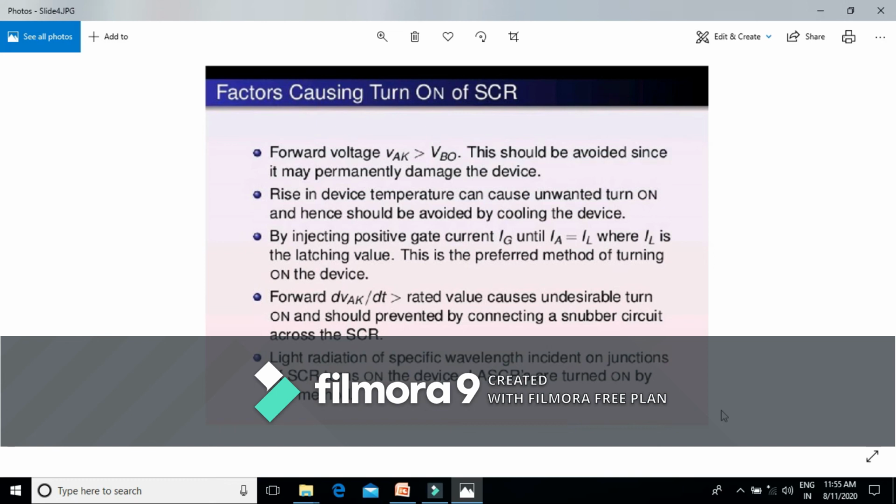That means between the anode cathode voltage, which is the high voltage side, and the gate cathode, which is the low voltage side.